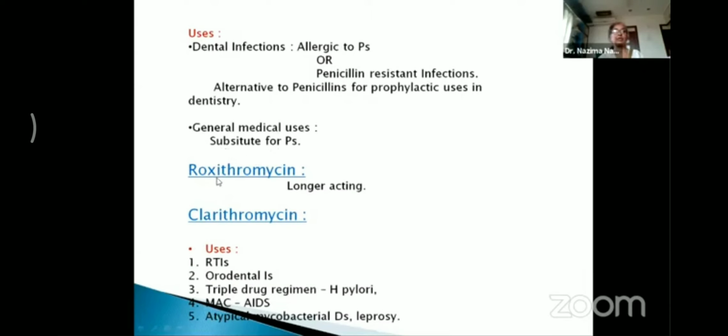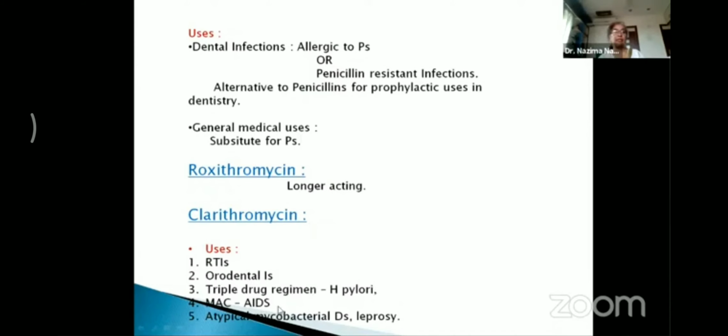Coming to roxithromycin, this is a long-acting drug. Indications are similar to that of erythromycin. Clarithromycin, coming to the uses of this drug, it is used in respiratory tract infections, orodental infections. It is used as one of the drugs in the triple drug regimen for the treatment of peptic ulcer due to H. pylori.